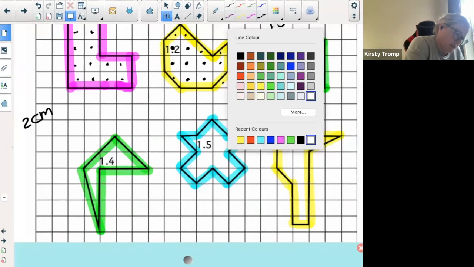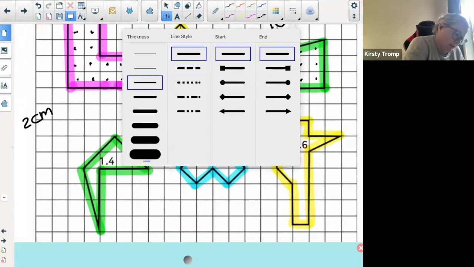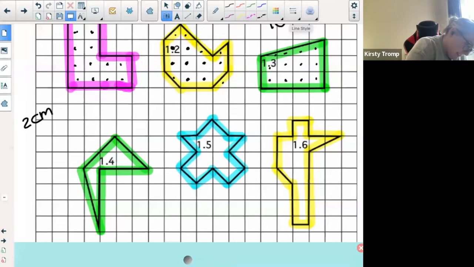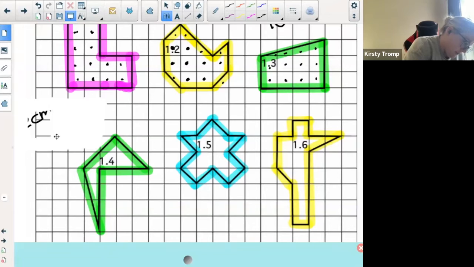I hope you're using it. If the length of the side is 2 centimeters, what's the area of one of the squares first? And then you carry on.